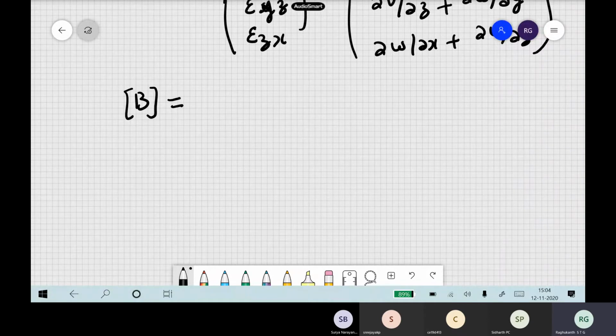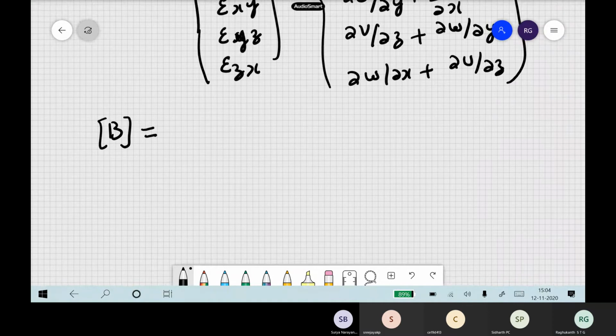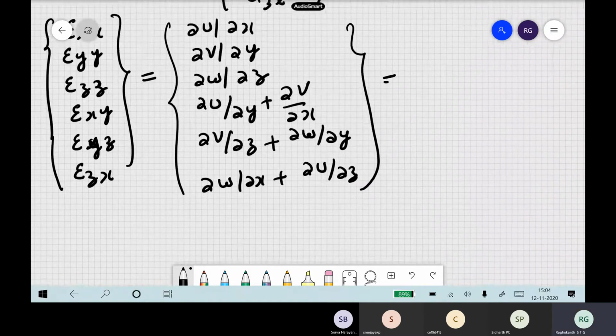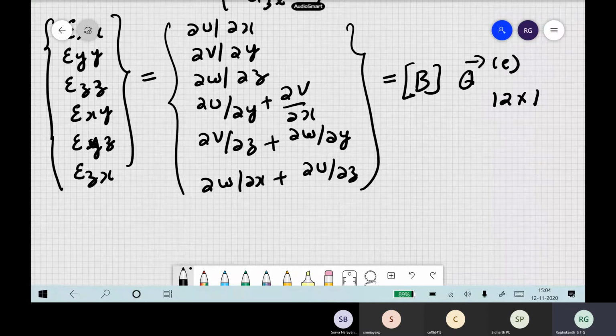So what will be the size of our B matrix? This expression can be written as B into q at the nodes. So this matrix is of size 12 by 1. What will be the size of the B matrix?